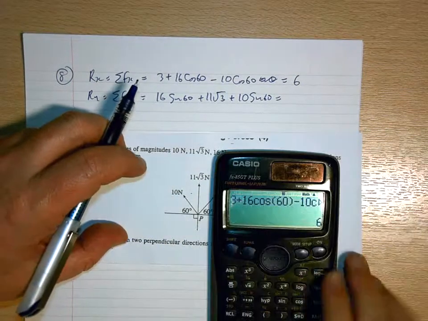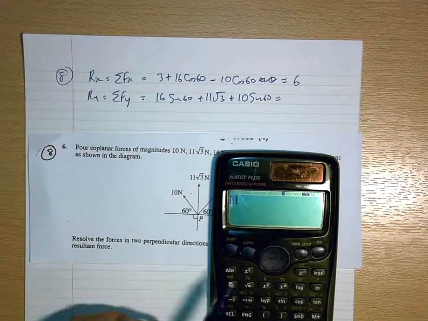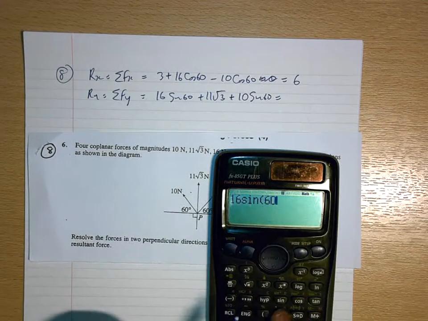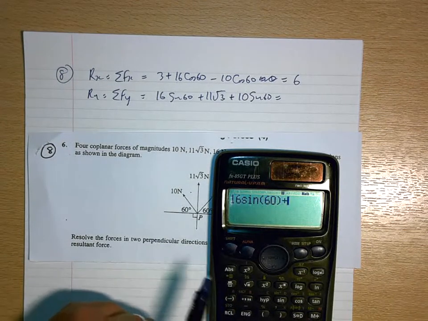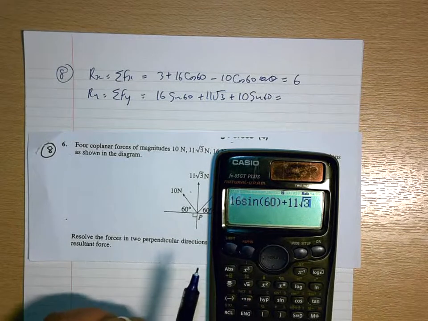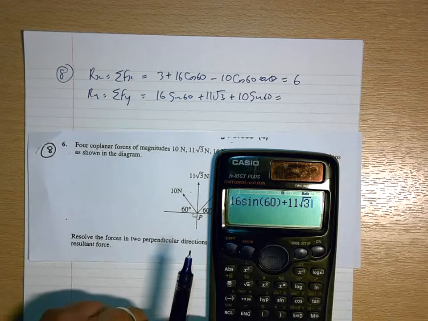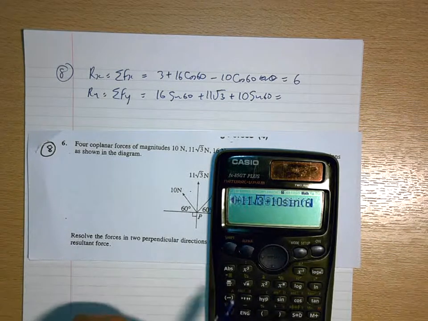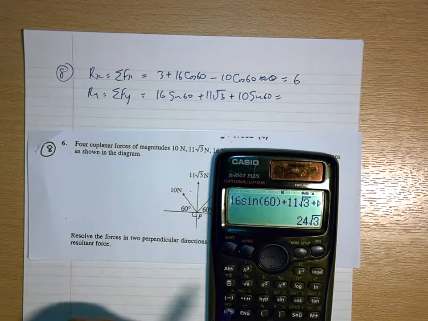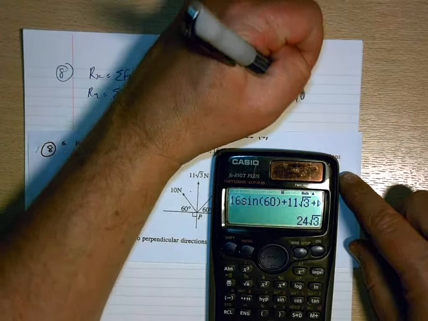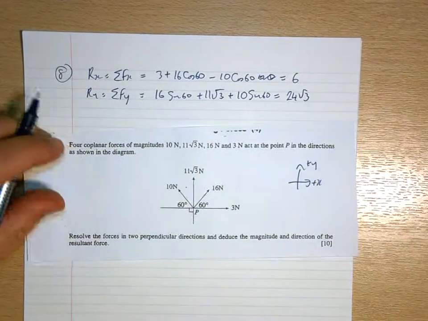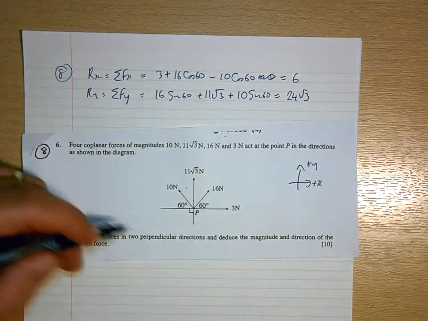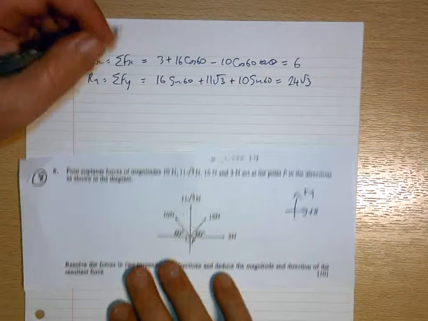Okay, so 16 sine 60 plus 11 root 3 plus 10 sine 60 equals 24 root 3. So we've done the resolving, now deduce the magnitude and direction of the resultant.